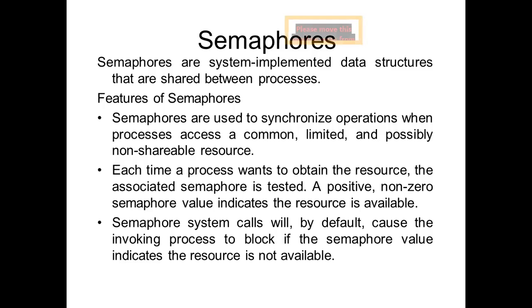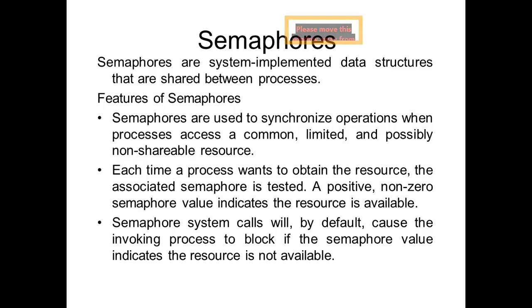We use several conditions for that. Each time a process wants to obtain the resource, there are a number of resources, but the process will use one resource at a time. The associated semaphore is tested. A positive non-zero semaphore value indicates the resource is available.